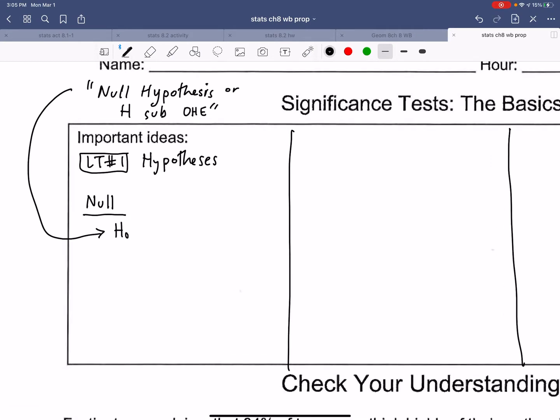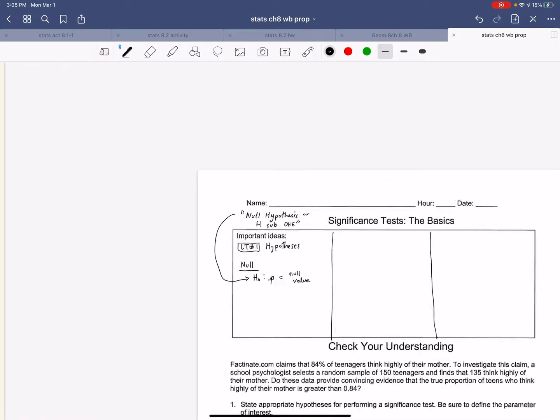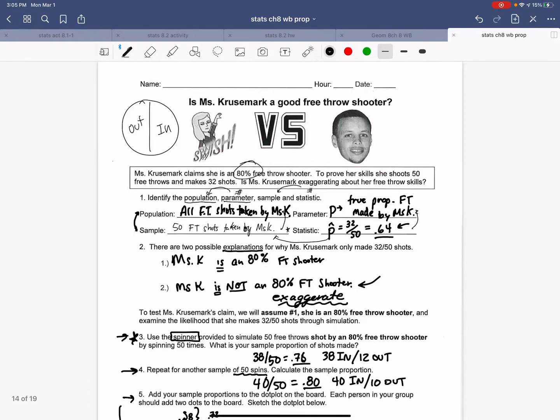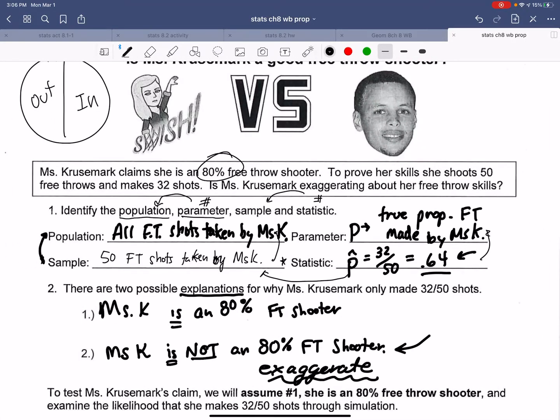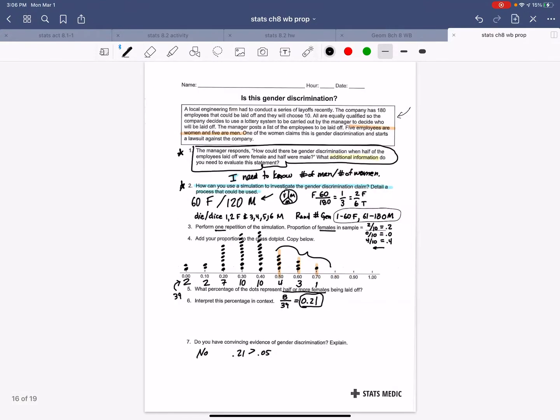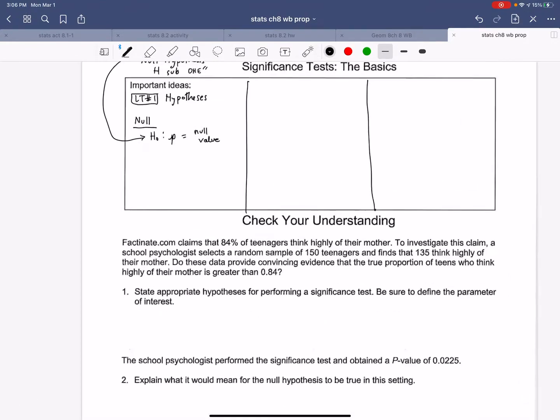Now, H sub O starts out, in the chapter we're going to be doing, with our P. That's the proportion, that's the truth. And that's whatever we call your null value. So in our example today, that was 80%. Like, you were supposed to accept the fact that I said I was an 80% free throw shooter. So P, not P hat, but P was 80%.